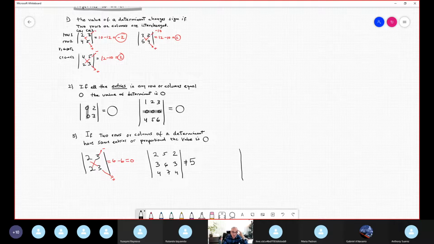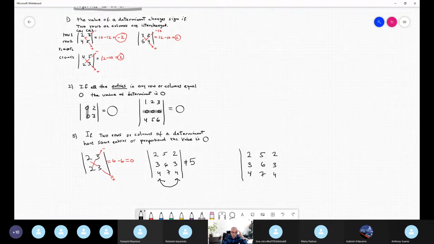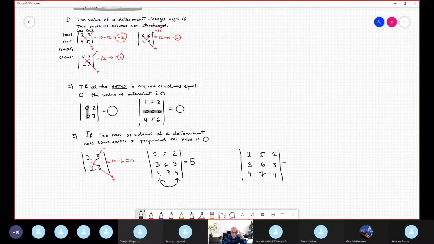Okay. To satisfy property number one, you interchange. But when you interchange column 1 and column 3, it is obvious that the determinant stays the same. As we supposed the answer was 5, the answer would be -5, right?